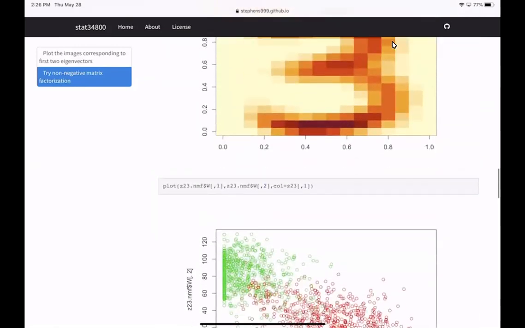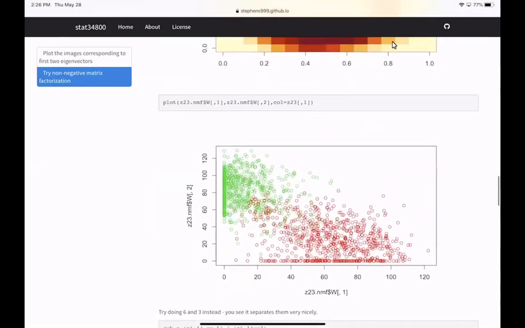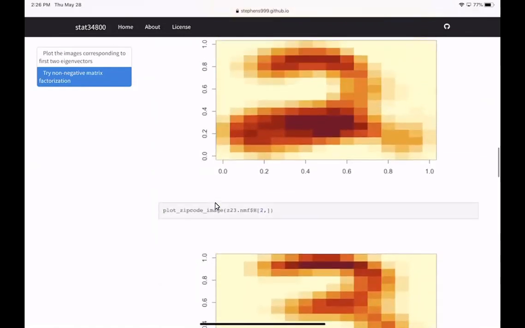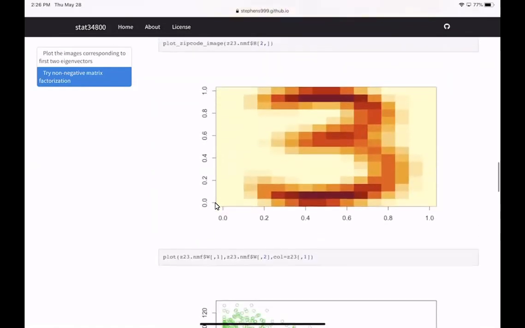And then every image is loaded in a non-negative way on one or both of these images. So you can see that many of the images, here, these images are only loaded on this basis vector because they have 0 loading on this basis vector. And these are loaded only on the other one. So you see a lot of images get put on one basis vector or another, and that makes sense because one of the basis vectors represents a 2 and the other represents a 3.